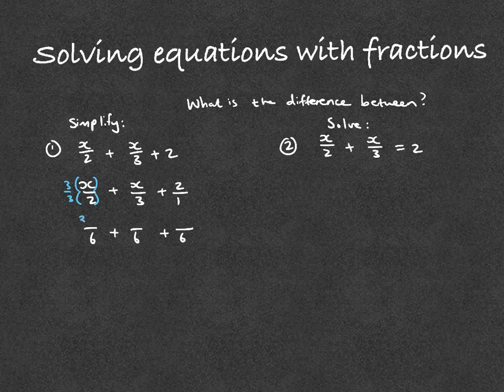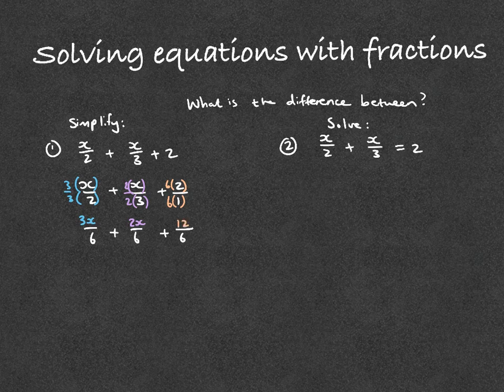So that is 3 times x, that is 3x. The next one, what do we need to multiply 3 with to get to 6? So 2, of course. And 2 divided by 2 is 1, so that will be 2x. And then the last part, what do I need to multiply 1 with to get to 6? That will be 6. So 6 times 2 is equal to 12.